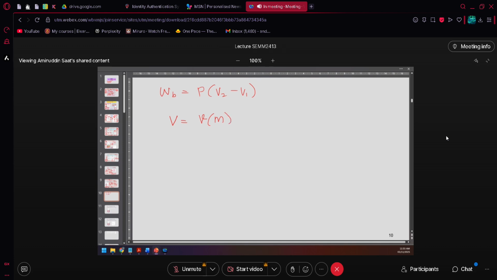So V2 equals specific volume 2 multiplied by mass 2, and V1 equals specific volume 1 multiplied by mass 1. We have the mass, but we don't have specific volumes 1 and 2. So we need to find specific volume 1 and specific volume 2. We start one by one.